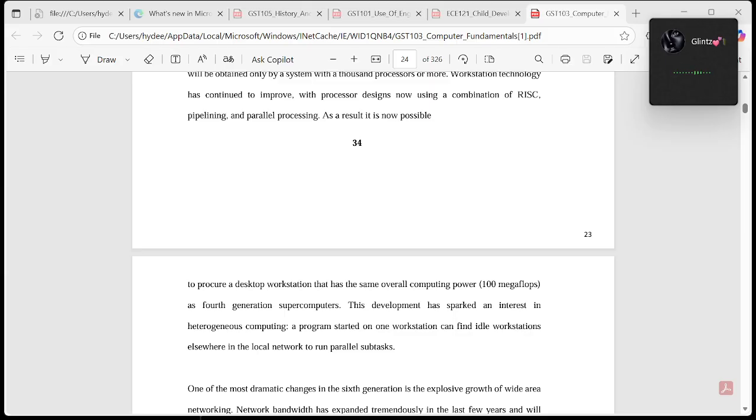And this led to the massive growth of memory in other generations. So the EDVAC was that project. Prior to it, computers like ENIAC were programmed using switches and cables.